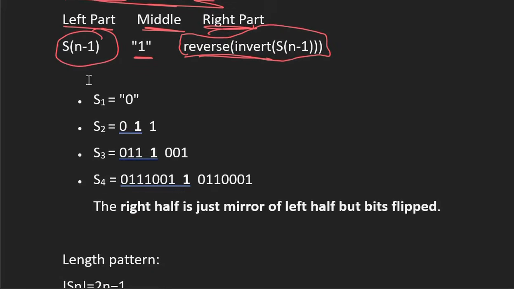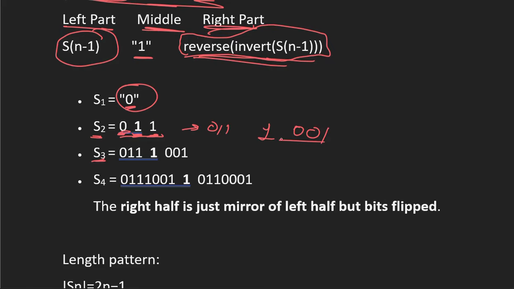So let's see some examples. S1 has only one character, so only one part, but S2 has three parts: the previous string, the middle part, and the reverse and invert of the previous string. Then S3 is the previous string, that is 0 1 1, the middle part, and then invert and reverse of that, that is 0 0 1. So each string has three different parts.